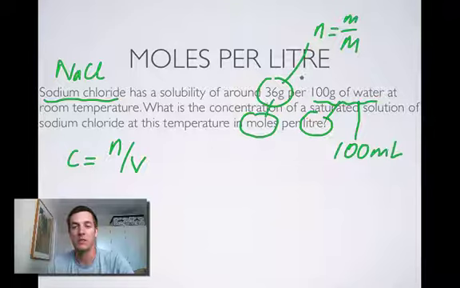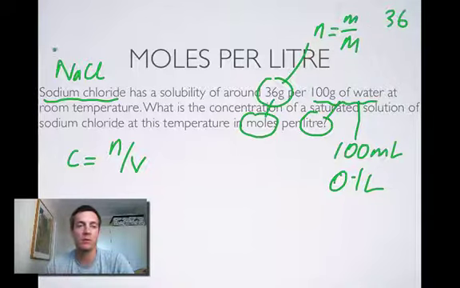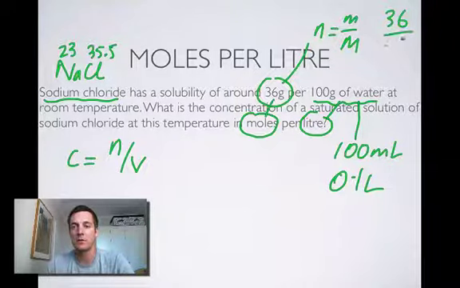But I want it in liters, so that's going to be 0.1 liters because there are 1,000 milliliters in 1 liter. The number of moles is the mass, 36 grams, divided by the molar mass, which is 23 plus 35.5, so that's 58.5.